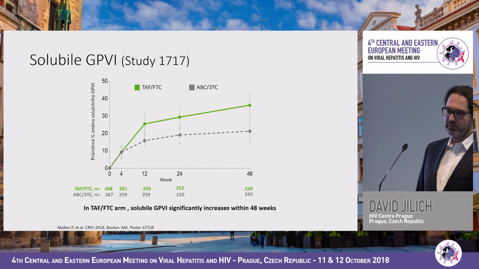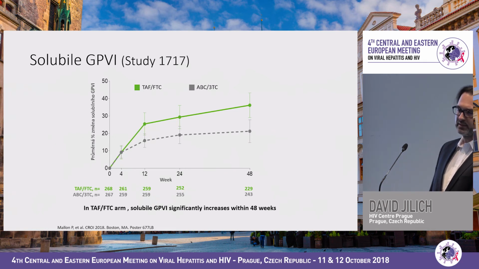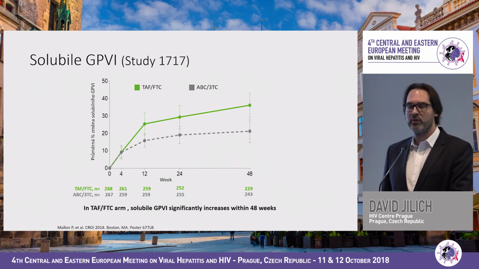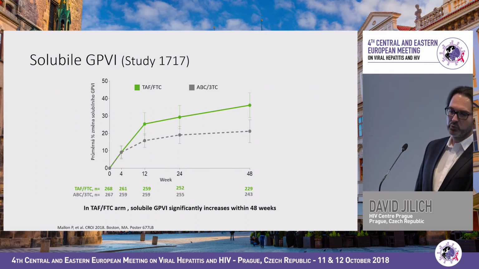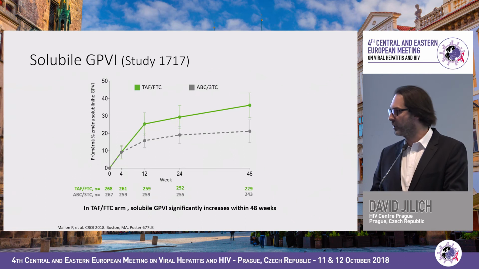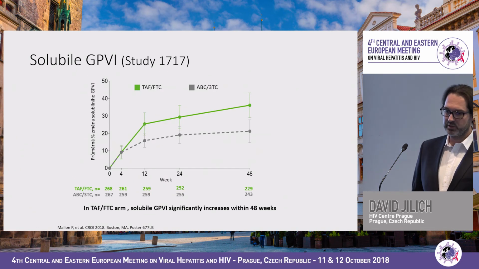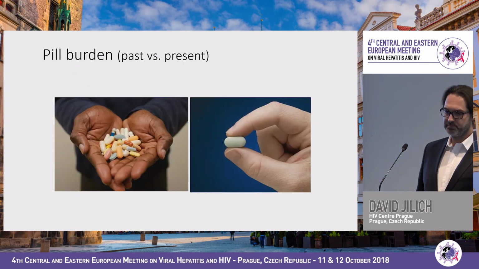Patrick Mallon, within this study, has shown us a graph presenting the level of soluble glycoprotein 6, which was increasing significantly in the patients remaining on abacavir and 3TC in comparison with the arm who switched to TAF and FTC. This glycoprotein 6 has much to do with the functionality of platelets, and it could be a causative agent, or it could participate in the process of cardiovascular risk in people using abacavir.